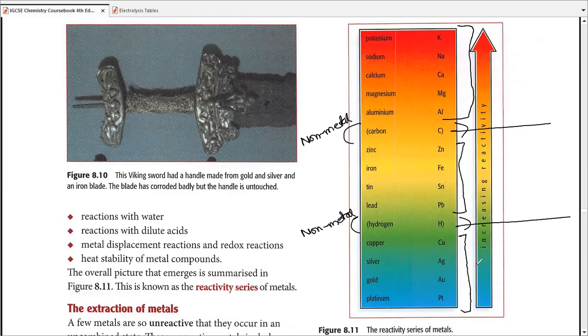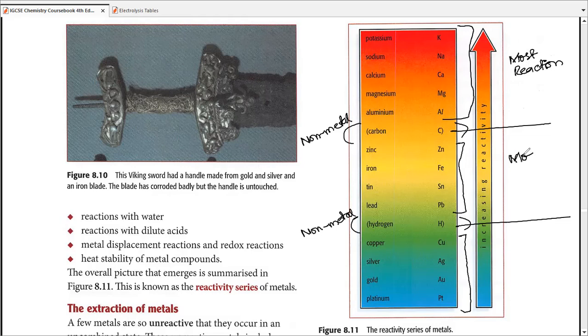So if we look at the reactivity series, it's divided into 3 parts now. The ones on the top of the reactivity series are the ones which I usually say are the most reactive ones. These are 5: potassium, sodium, calcium, magnesium, aluminum. And then there is a non-metal, carbon, after which there are 4 metals.